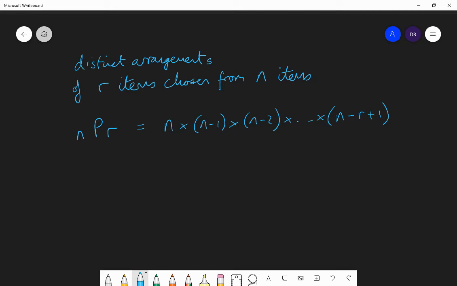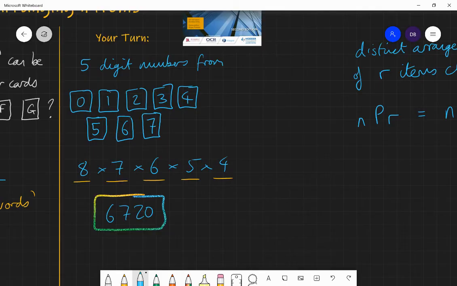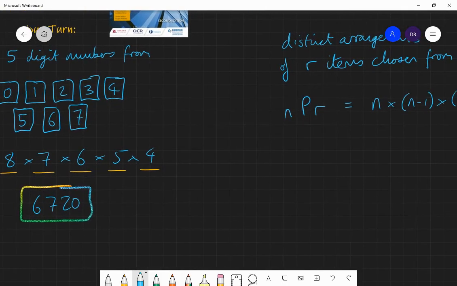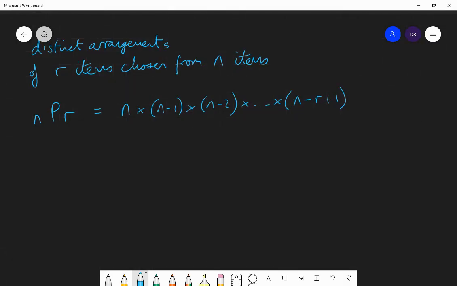So in the previous one, when I did choosing 5 items from 8, I did 8 times 7 times 6 times 5 times 4, which is 8 times all the way down to 8 take away 5 but plus 1. So 8 take away 5 would have been 3, but we went 1 up from that.